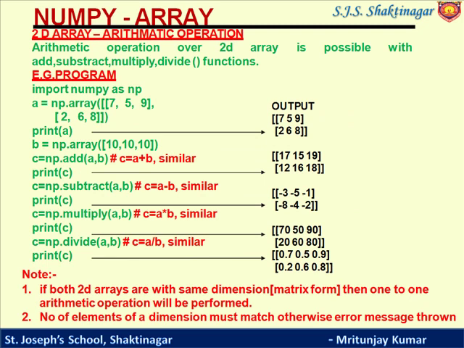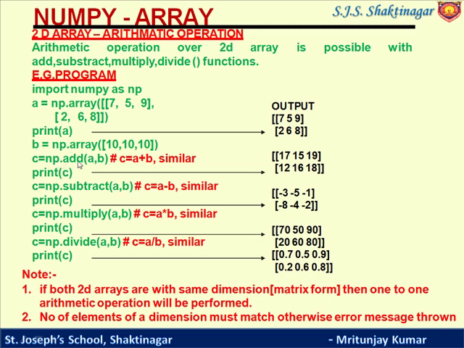Now 2D array arithmetic operation. So arithmetic operation over the 2D array is possible with addition, subtraction, multiplication, division, and there are certain functions also there. So you can see, there is a 2D array, and now b is equal to np.array, another array with the values 10 10 10.